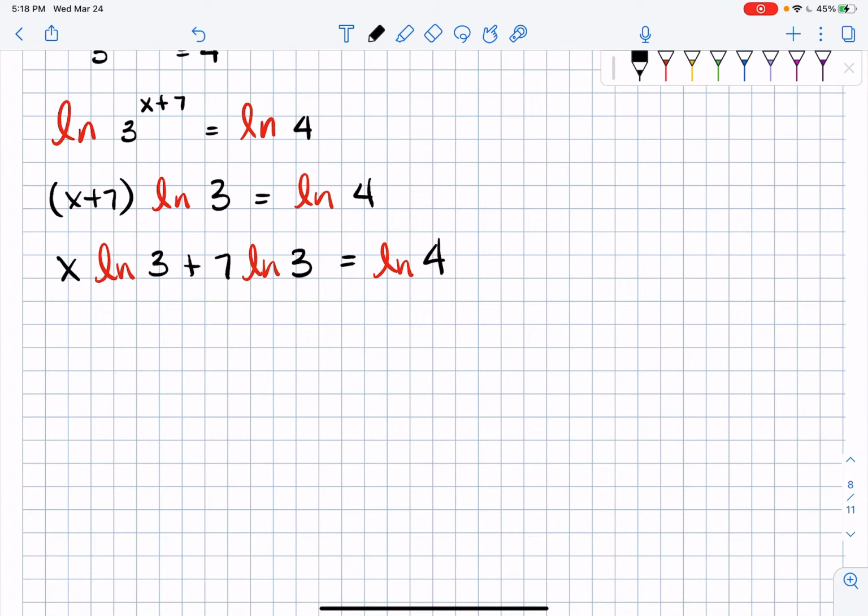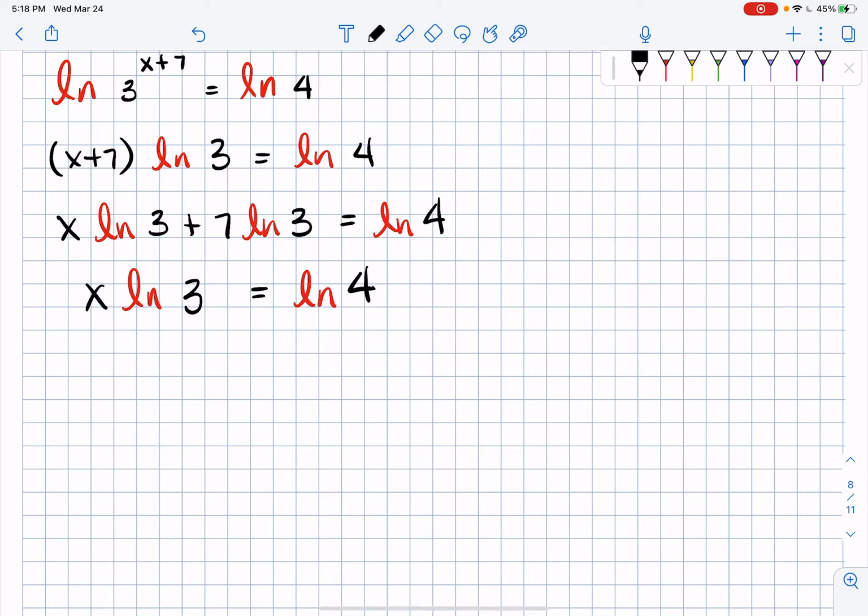So I have x ln of 3 is equal to ln of 4 minus 7 ln of 3. Right? So I'm just subtracting this over to the other side.